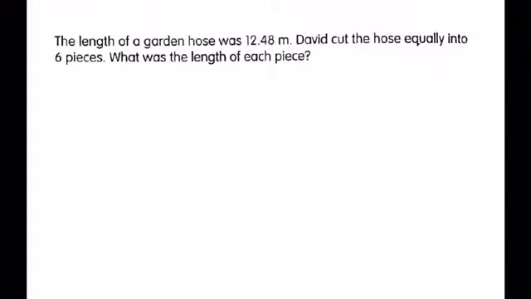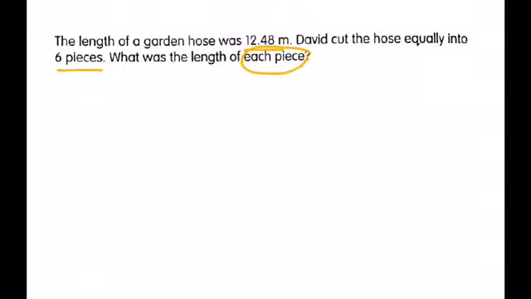What was the length of the garden hose? We know that it is 12.48 meters. Into how many pieces did David cut it equally? David cut it equally into 6 pieces. What do we need to find in the given problem? We need to know what was the length of each piece.